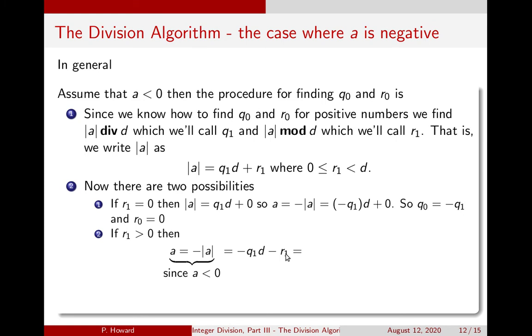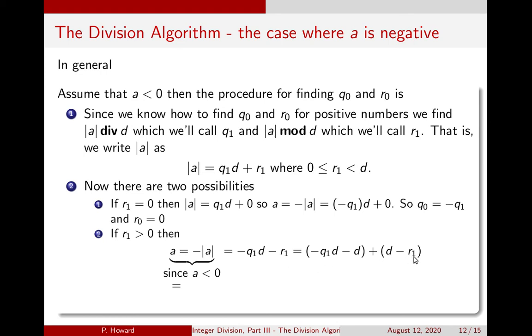And now we make the same adjustments that we made in the example. We are going to add d to the remainder, and we are going to subtract d from the first term of the right-hand side of this equation.